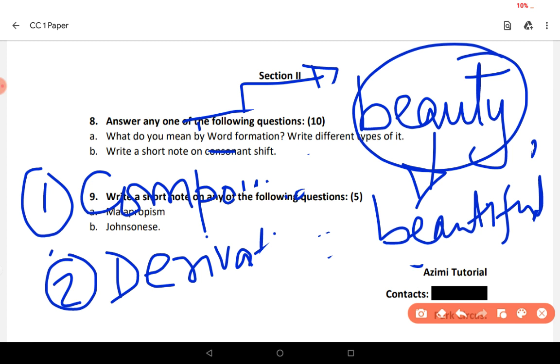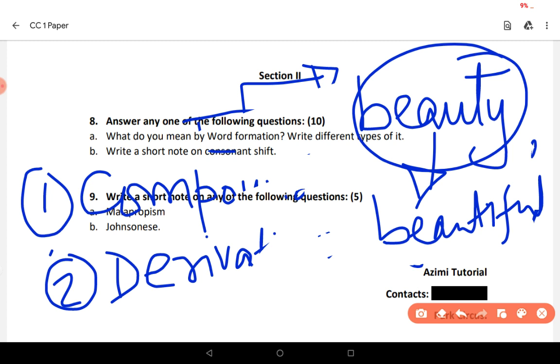Third type is blending. Blending is again a process of word formation. It is a very common way of making new words. We blend two different words into one single word. Okay, that's called blending.